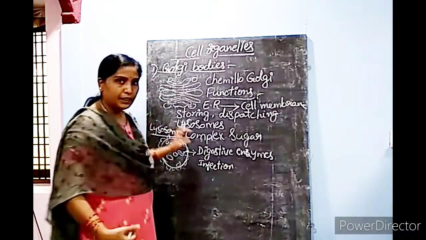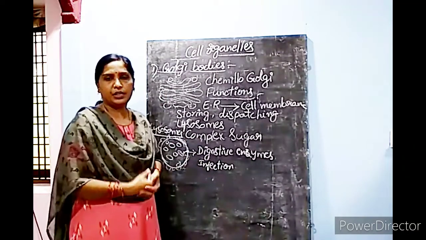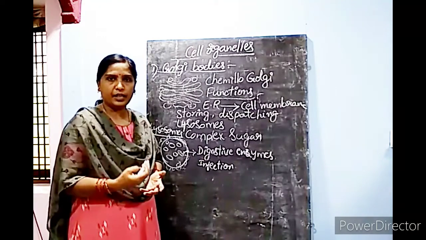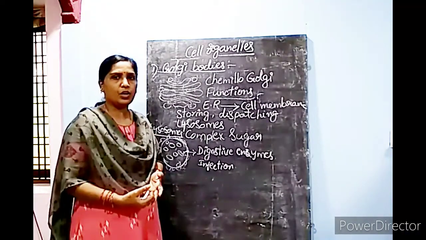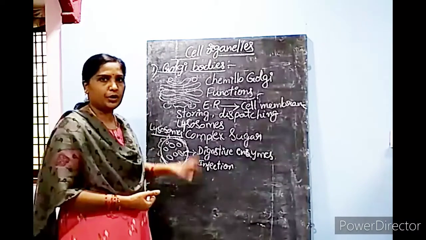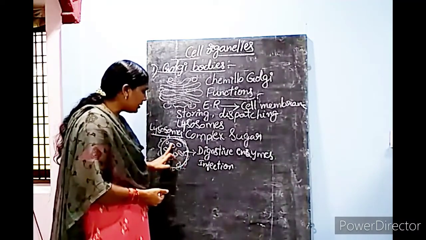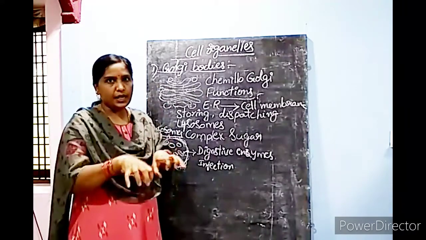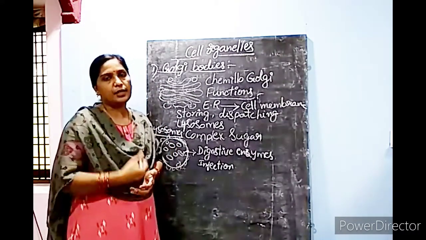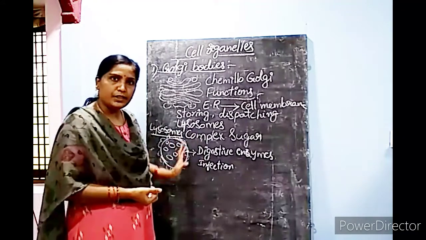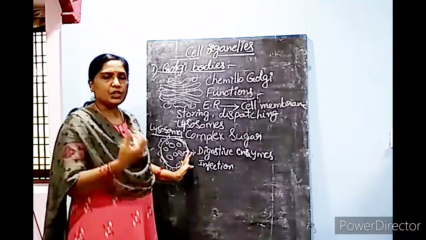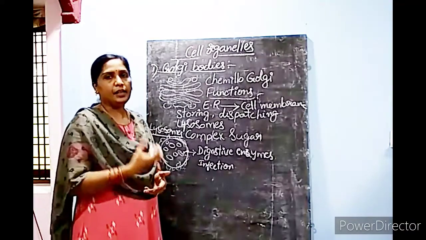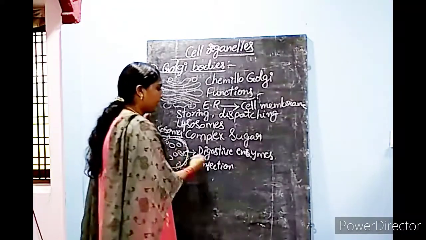If any foreign particle enters into our body, like small germs such as bacteria, virus or any other microorganism, then with the help of these powerful digestive juices, it can engulf and deactivate that microorganism and send it out from the body. So it's helping for the digestion of foreign particles. That means it's helping intracellular digestion.